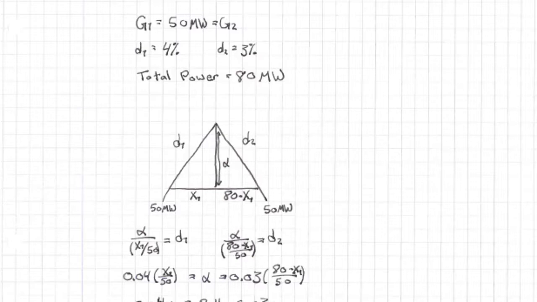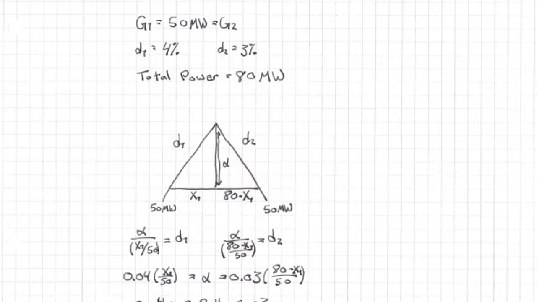If you draw the power curves as we have here, you will see that the slope represents your droop, and the long side represents the actual speed of these motors, which we will represent by alpha.